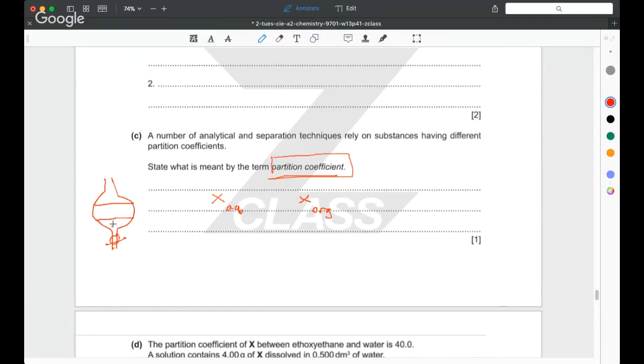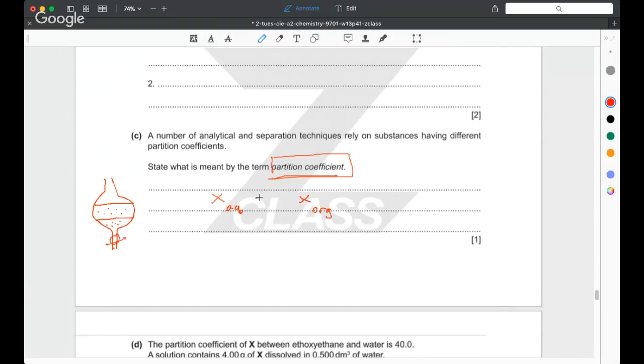And you can have X, which is soluble in the aqueous phase, and X, which is soluble in the organic phase as well. And depending on whether X is more or less soluble, you can have more of it dissolved in the organic phase or more of it dissolved in the aqueous phase.